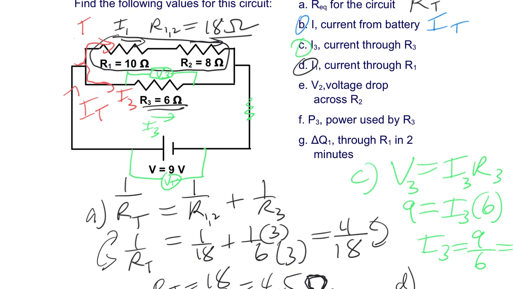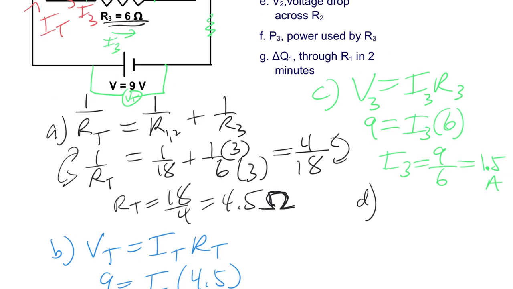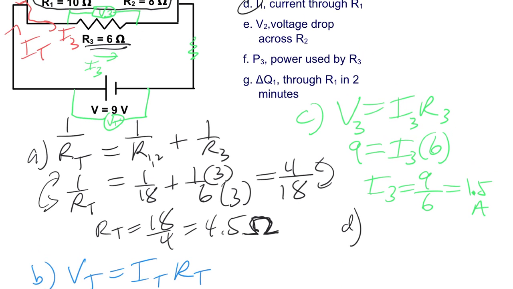And I'll call this I1, which is the same thing as I2 because they're in series. So let's just write the equation. IT equals I1 plus I3.